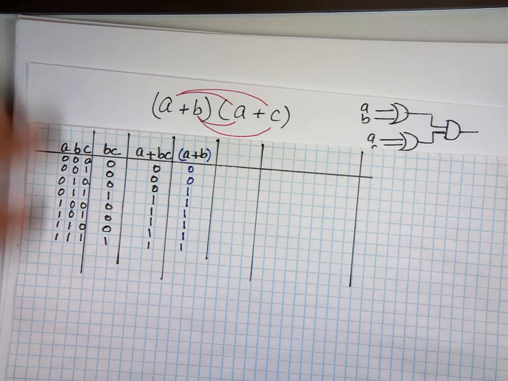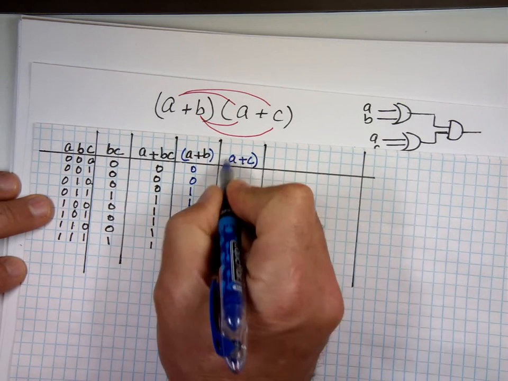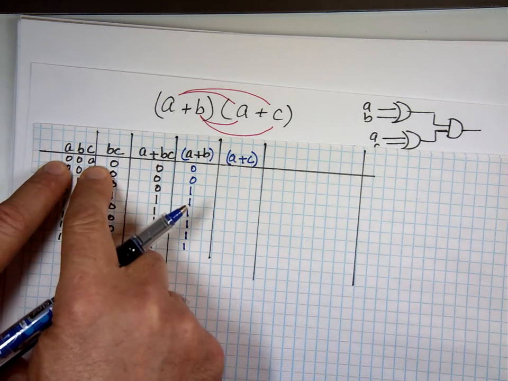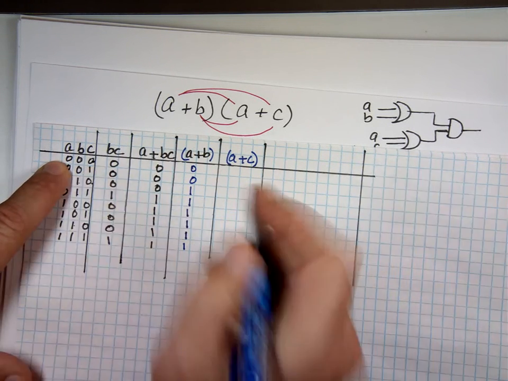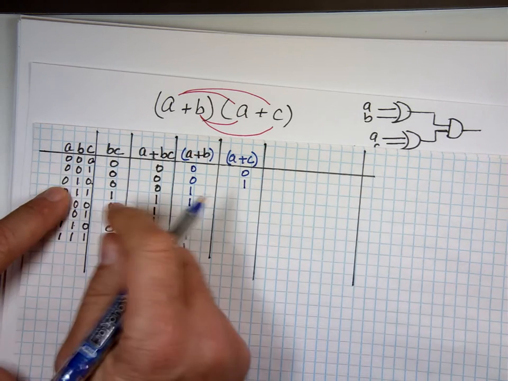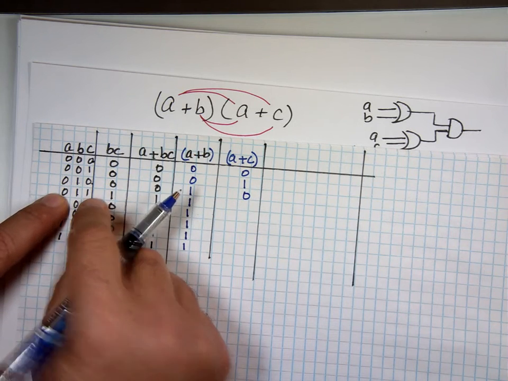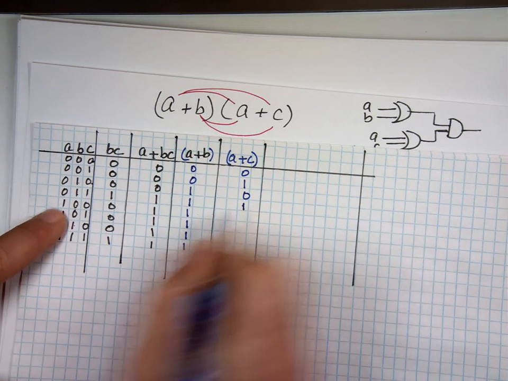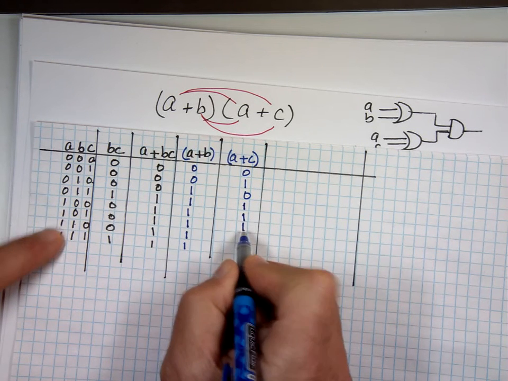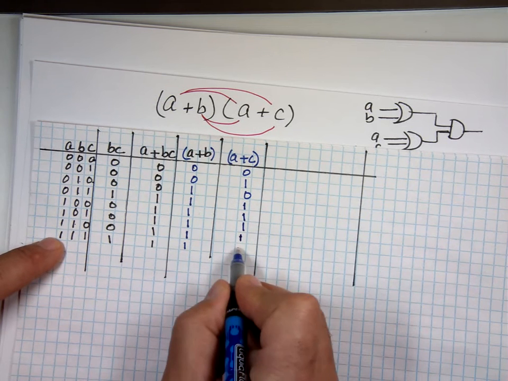Let me find A or C now. That's the first and the last. 0 or 0, 0. 0 or 1, 1. 0 or 0, 0. 0 or 1, 1. 1 or 0, 1. 1 or 1, 1. 1 or 0, 1. 1 or 1, 1.